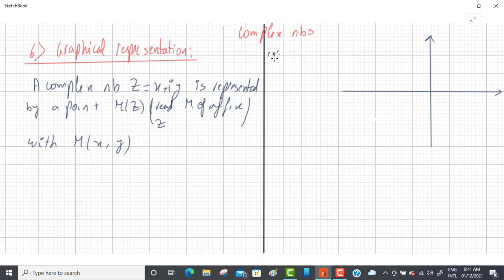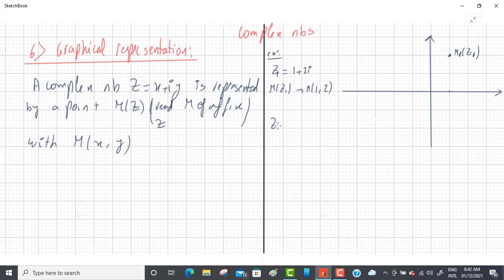Example: if z1 equals 1 plus 2i, the point M of affix z1 is the point M1 of abscissa 1, ordinate 2. M1 is the graphical representation of the complex number z1.